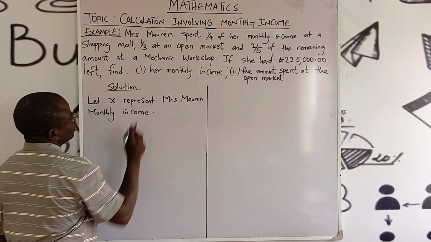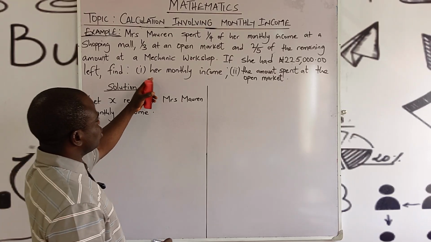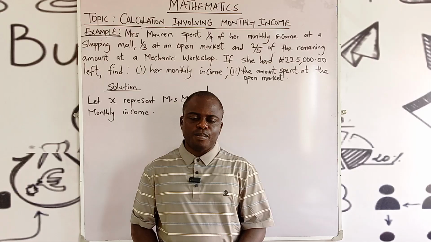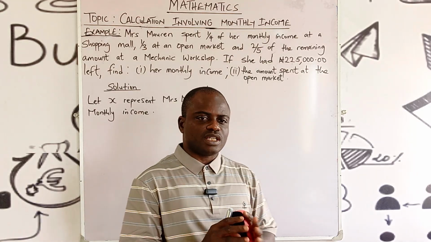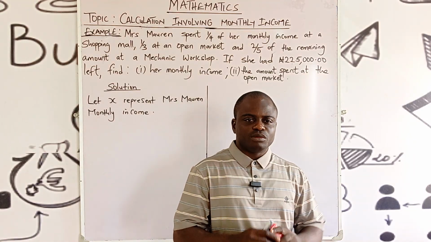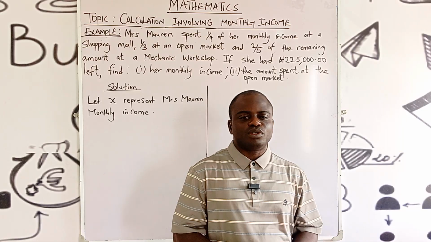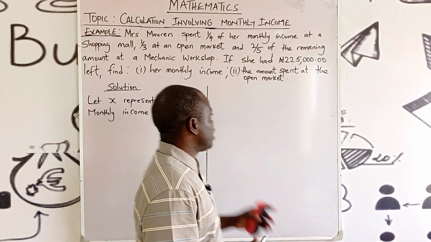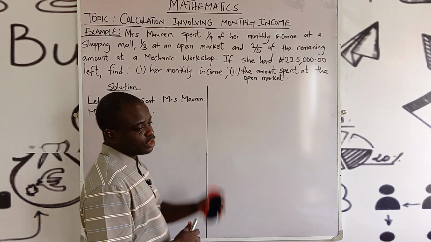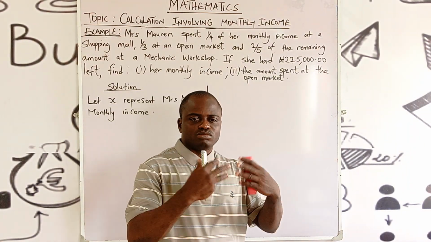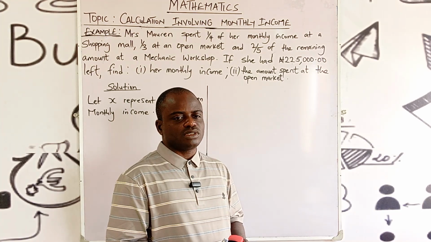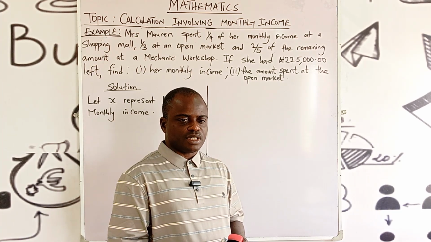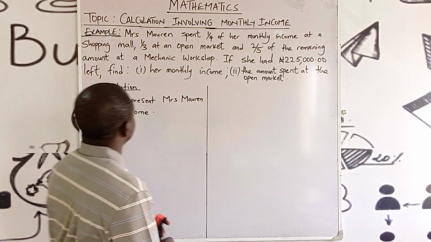We are not told the monthly income, we are told to look for it, but we are going to use a letter to represent it before we know the value or the amount. And we are going to carry out fractional representation to know the amounts left. Is that okay? Now let's see.